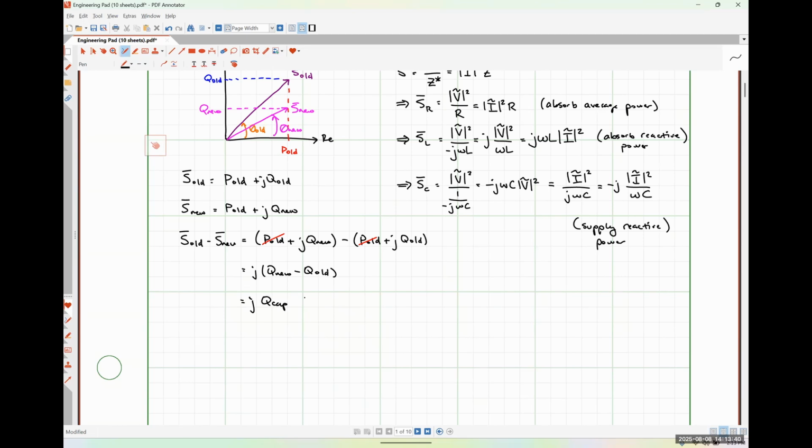This term Q cap is the reactive power absorbed by the capacitance, and it is always a negative quantity.